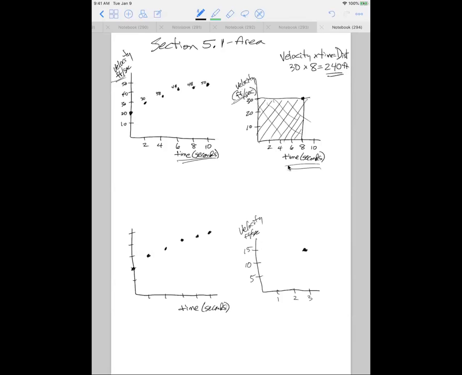Starting at time 0 seconds, they're at 20 feet per second, and every 2 seconds the rate of change is measured. At 0 time, it's 20 feet per second. At 2 seconds, 30 feet per second, then 38, then 44, then 48, and then 50.